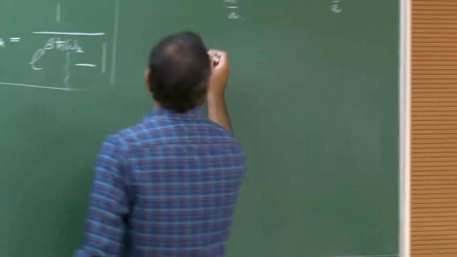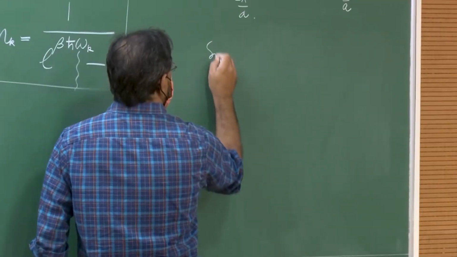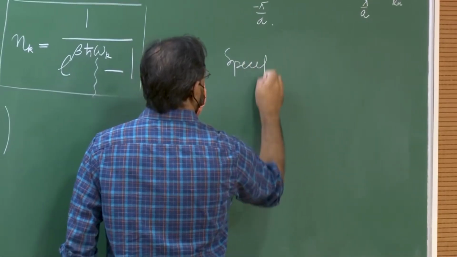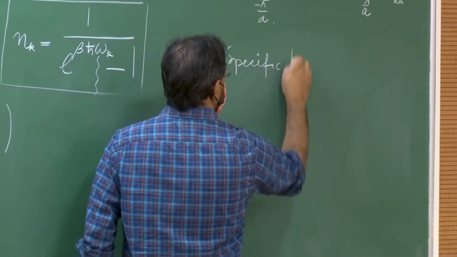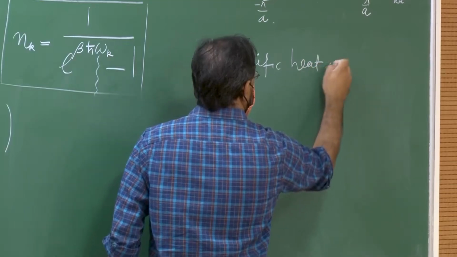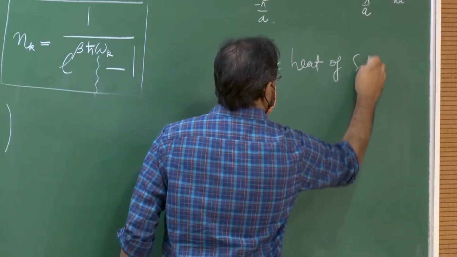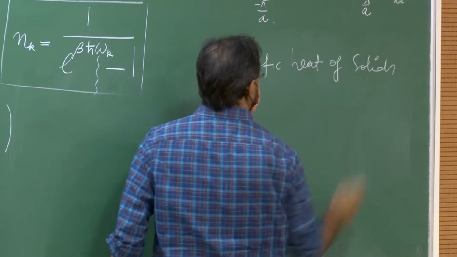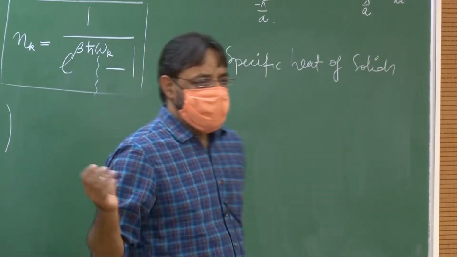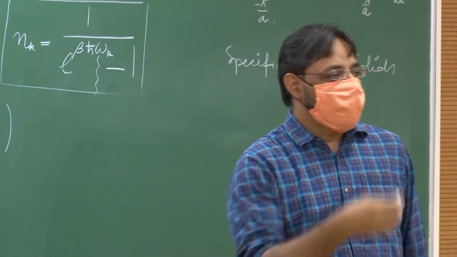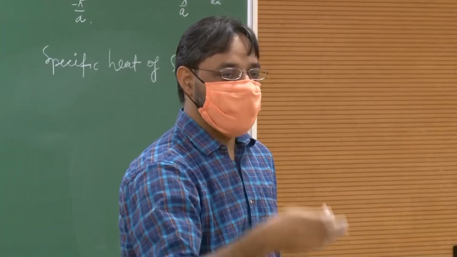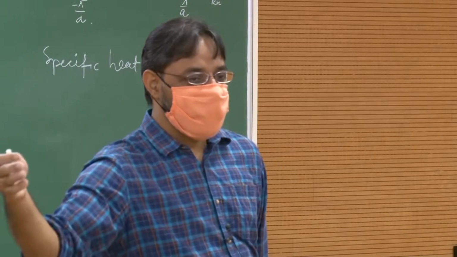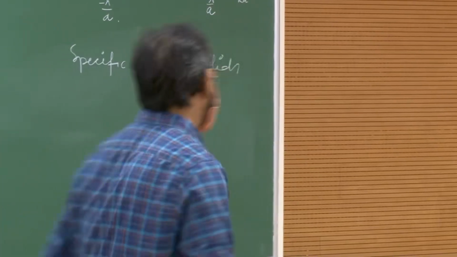So, they said that this is how the specific heat of solid should be. This is much before we learnt about the structure of solids, that they are a periodic array of atoms and this and that, much before that.